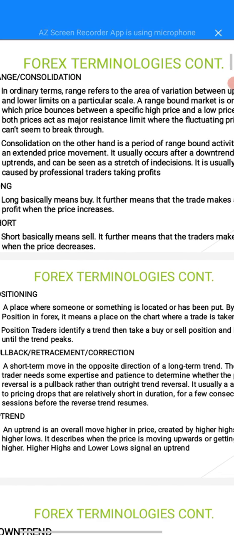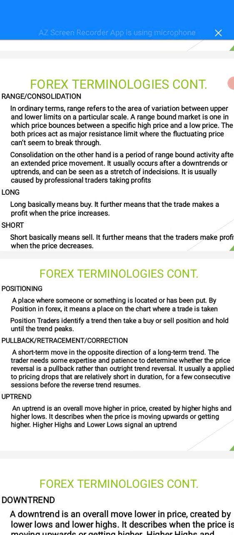So, in effect, what this really means is that a range is when price fluctuates between a given high position and a low position, or a given buy position and a sell position, defined within an area of resistance and support.